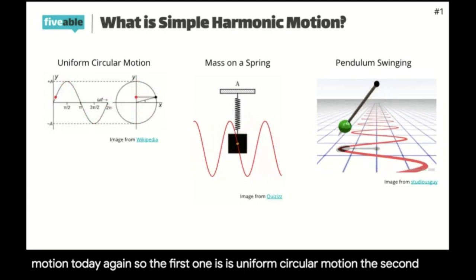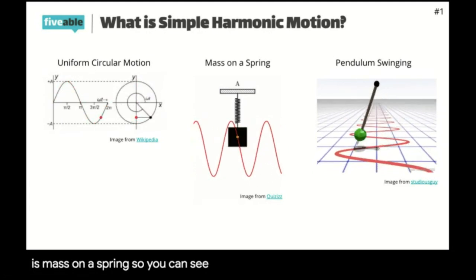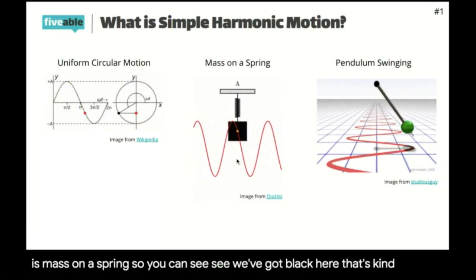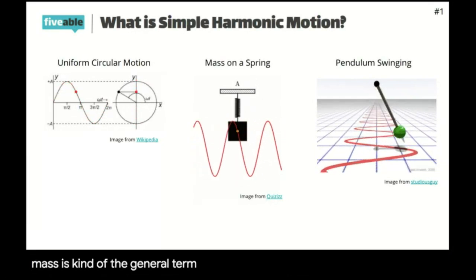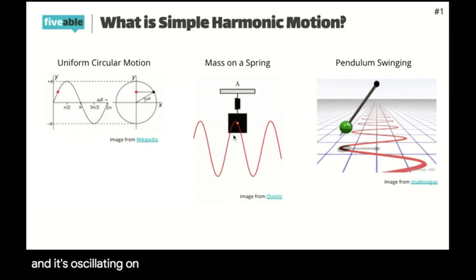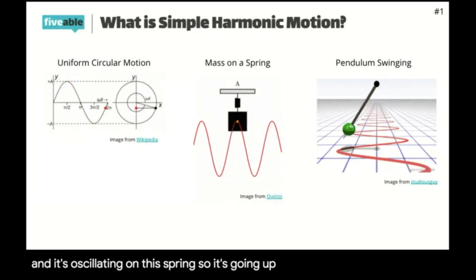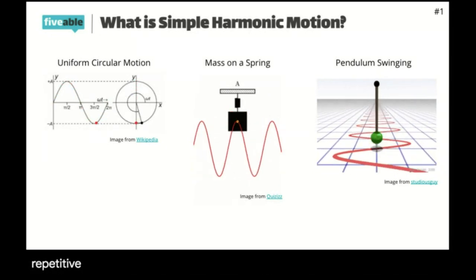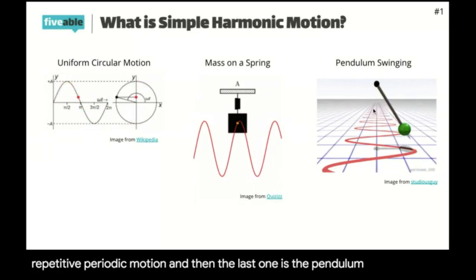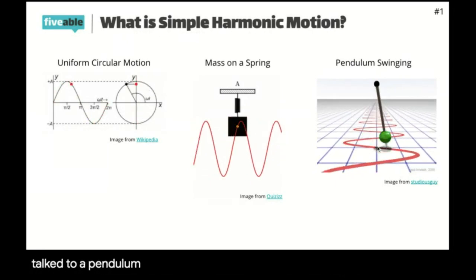The second one is mass on a spring. So you can see we've got a block here. Mass is the general term. It's usually a block, sometimes it's other stuff. And it's oscillating on this spring, going up and down in this repetitive periodic motion. And then the last one is the pendulum. We've talked about pendulums in terms of energy before.